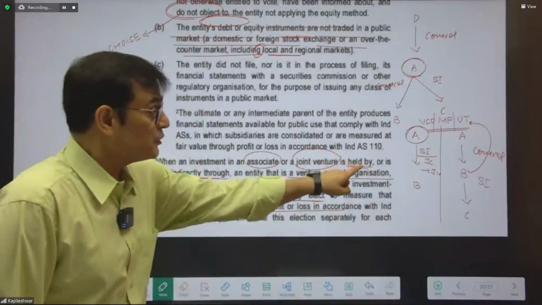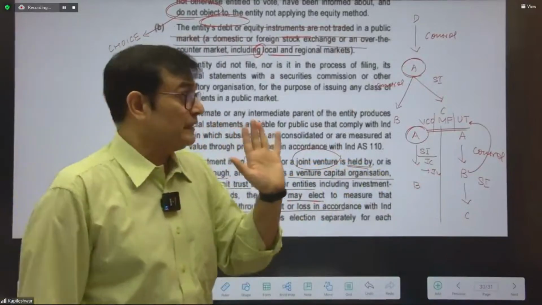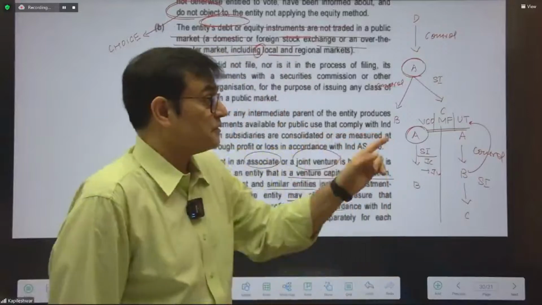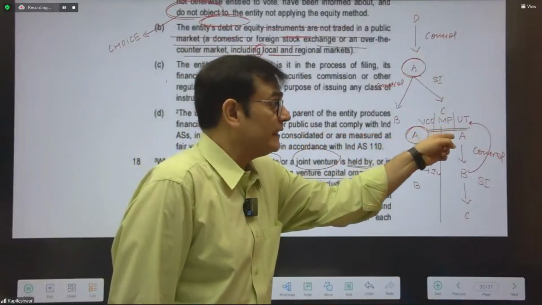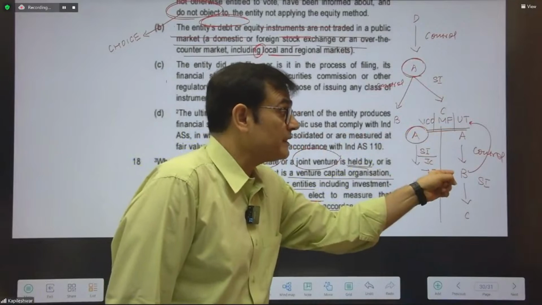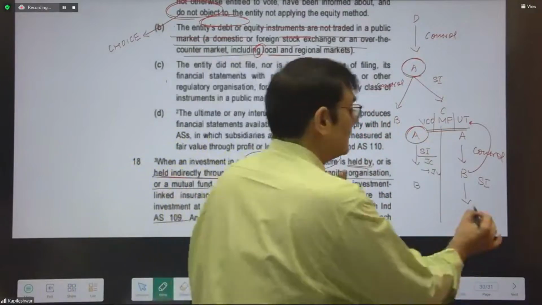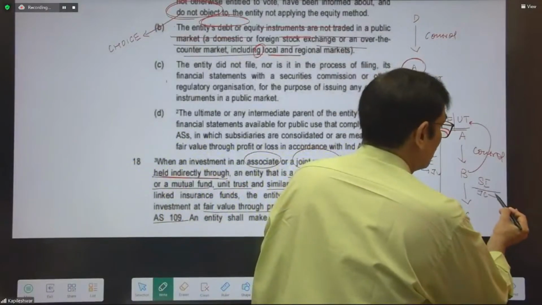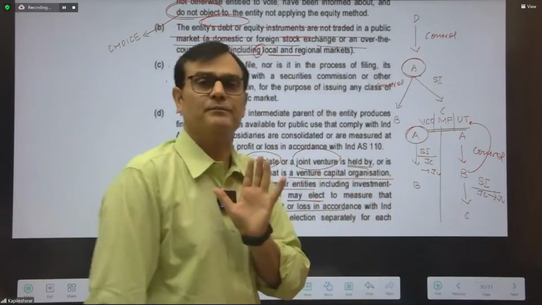Or it could be a case of indirectly through a subsidiary. Indirectly always has to be through a subsidiary. So if A has got it indirectly through a subsidiary, where we can say B has got a significant influence or a joint control, making C a JV.